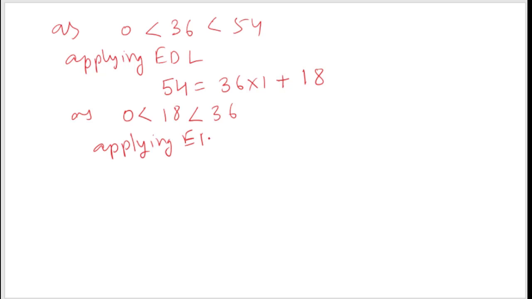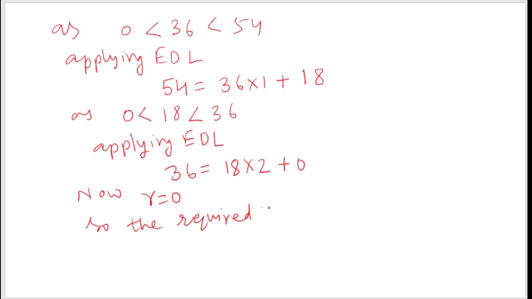Applying EDL, 36 equals 18 into 2 plus 0. Now the remainder is 0. So write R equals 0. So the required HCF is equal to 18. So we get our answer.